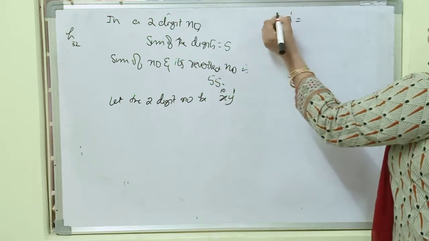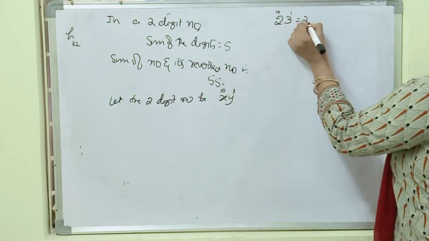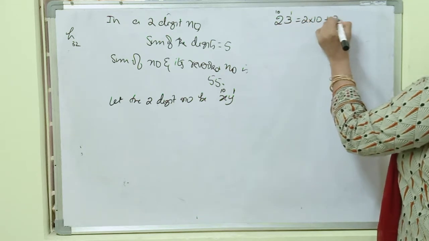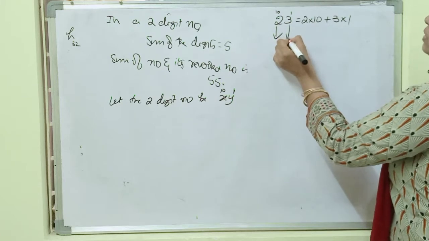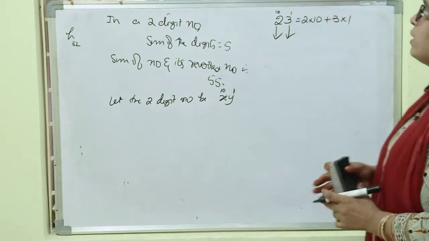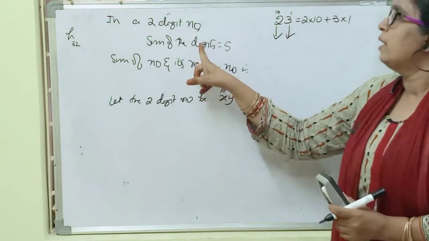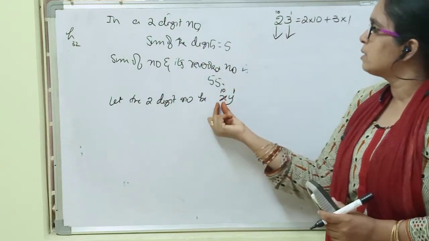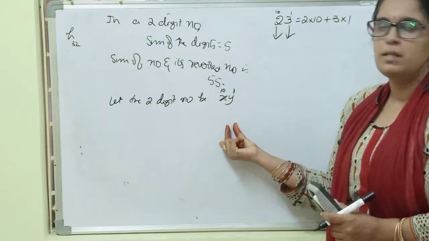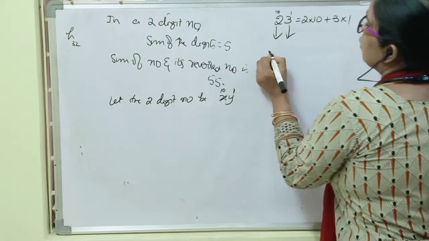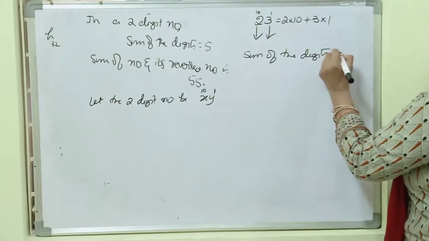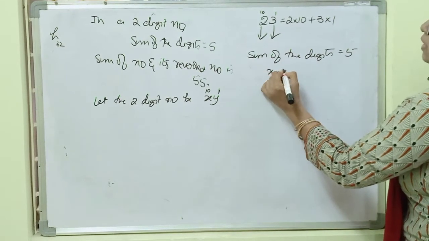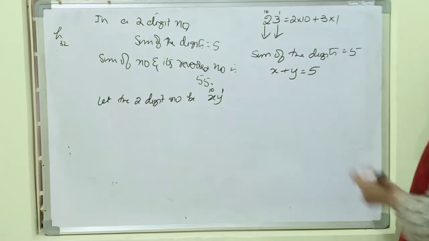We multiply with their place values, 2 into 10 plus 3 into 1. What are the digits? 2 is one digit and 3 is another digit. So whenever I talk about digits, we take x and y separately. Sum of the digits equal to 5 implies x plus y is equal to 5.